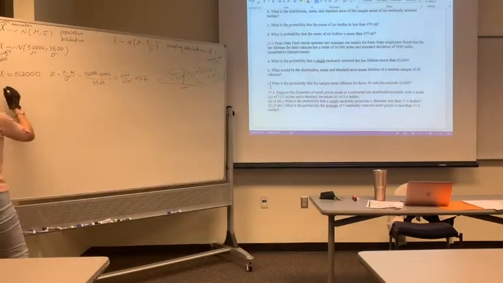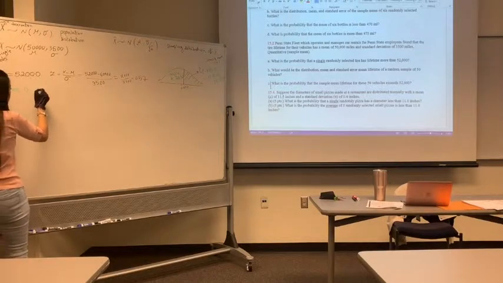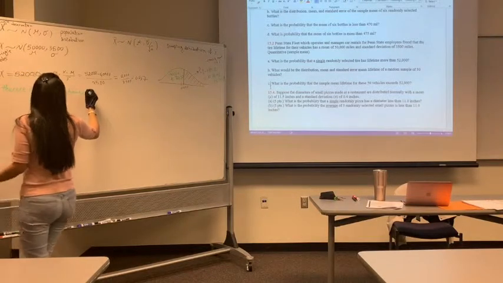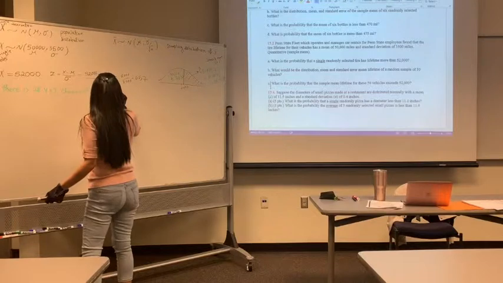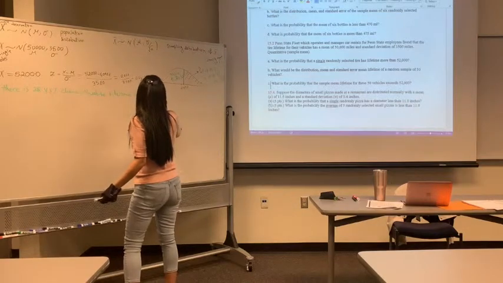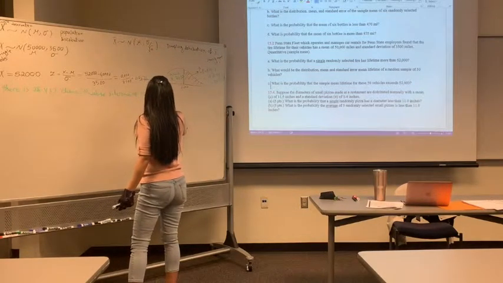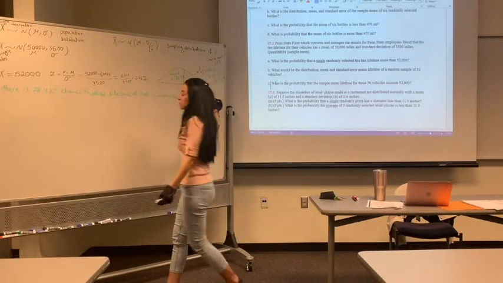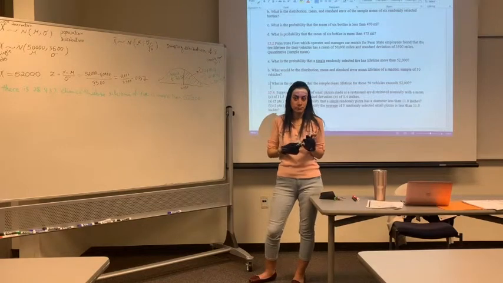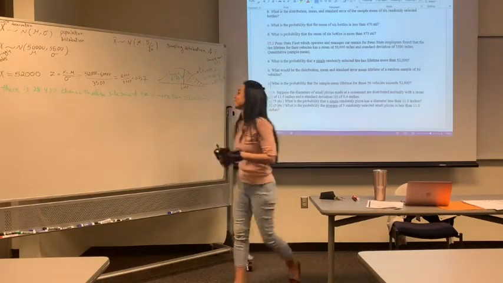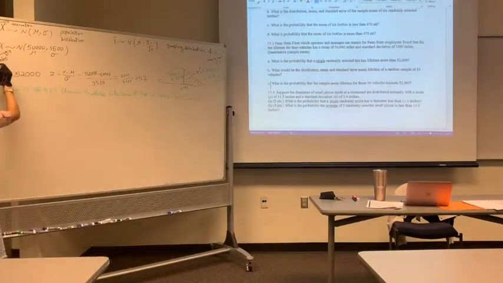Okay, there is a 28.43% chance that the lifetime of a tire is more than 52,000 miles, right? Correct? Yes.